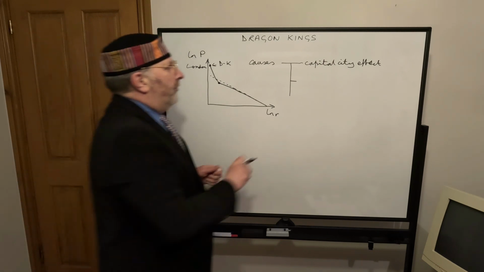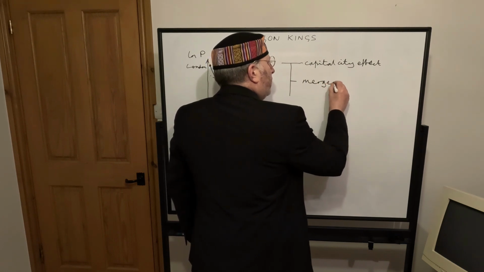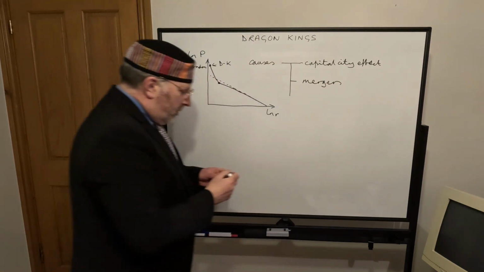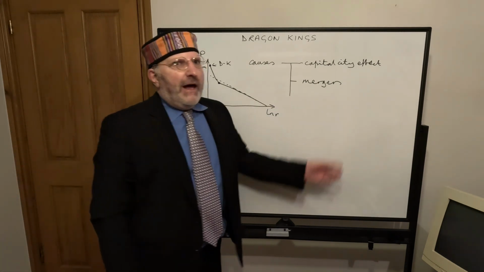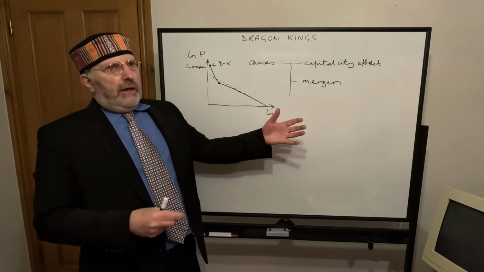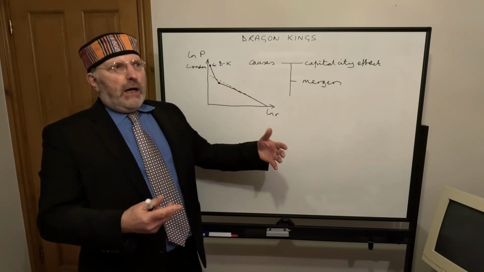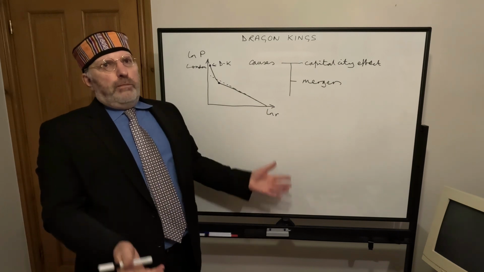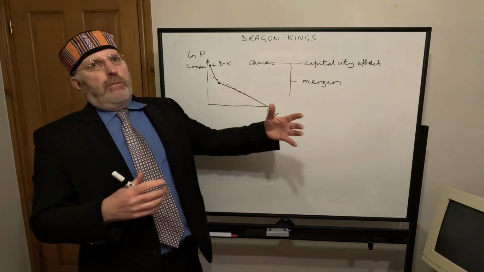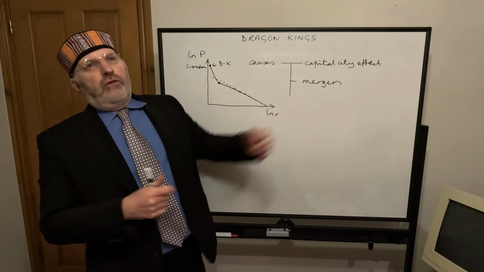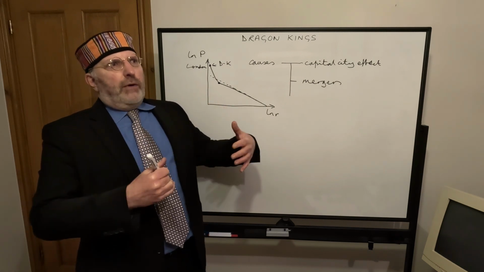Another cause, they suggest, is mergers. So it's something that may be temporary, and they give the example of Alexander the Great building his empire. He conquered the Persian Empire, and so he absorbed the whole Persian Empire into his own. So his empire grew dramatically by taking over an existing empire, but it was only temporary.